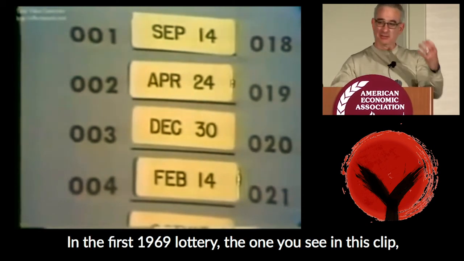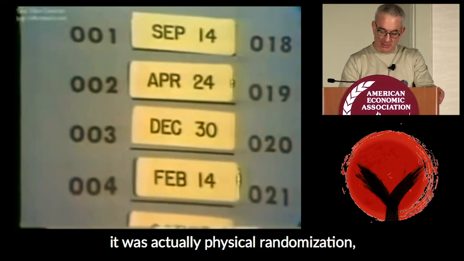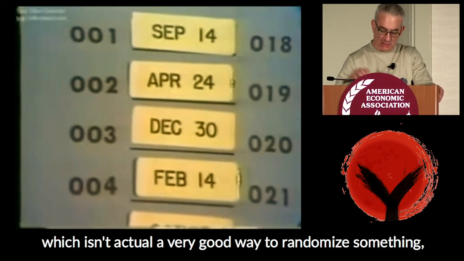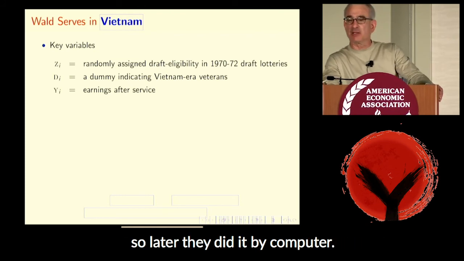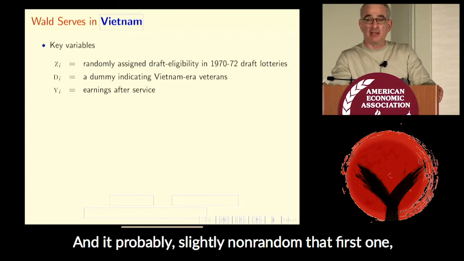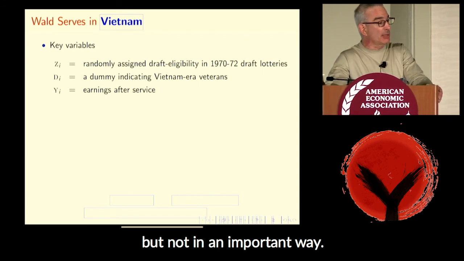In the first 1969 lottery, the one you see in this clip, it was actually physical randomization, which isn't a very good way to randomize something, so later they did it by computer. And it's slightly non-random, that first one, but not in an important way.